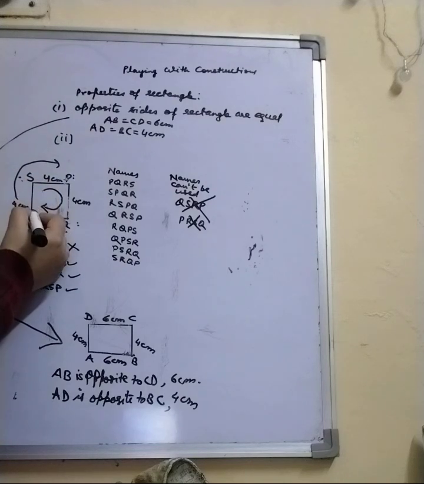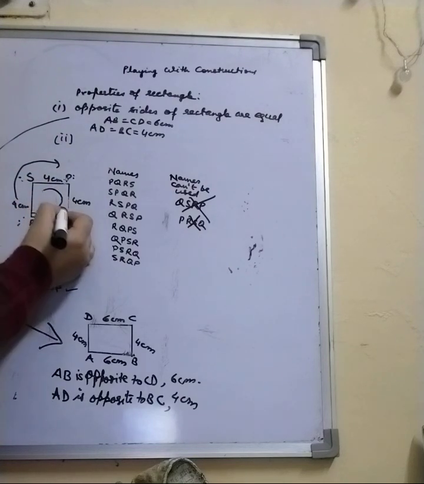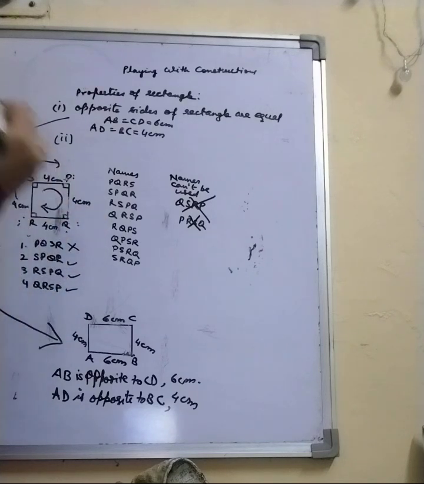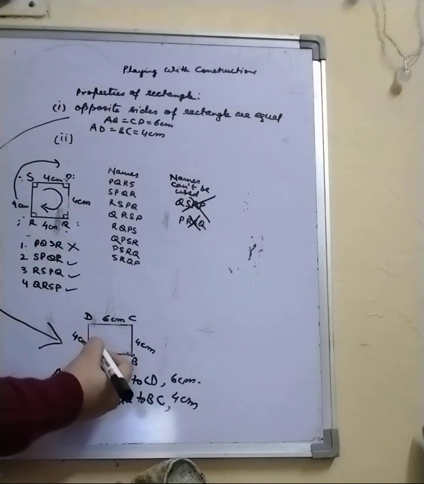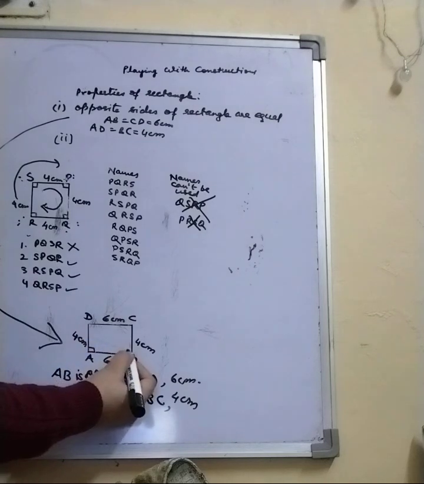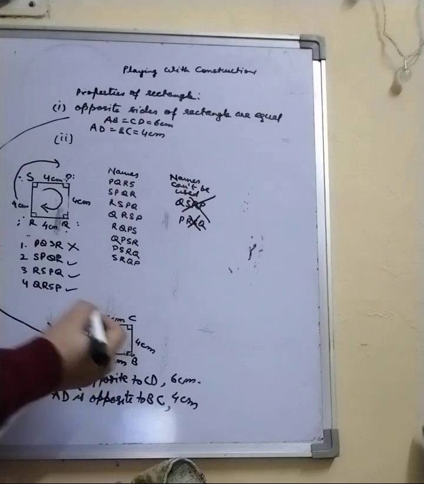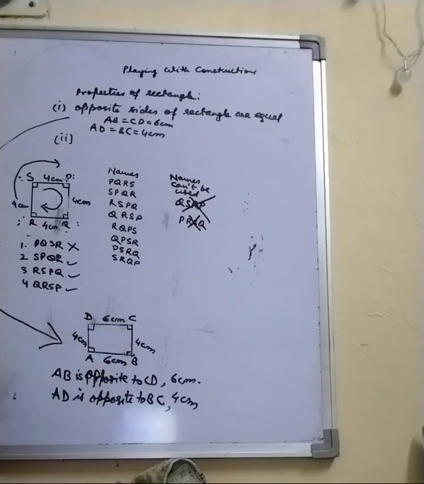Second property is same as in square. What we learned is that in square all the corners are right angle or 90 degree. Similarly in a rectangle also all the corners are right angle. So this property is same for square and rectangle.